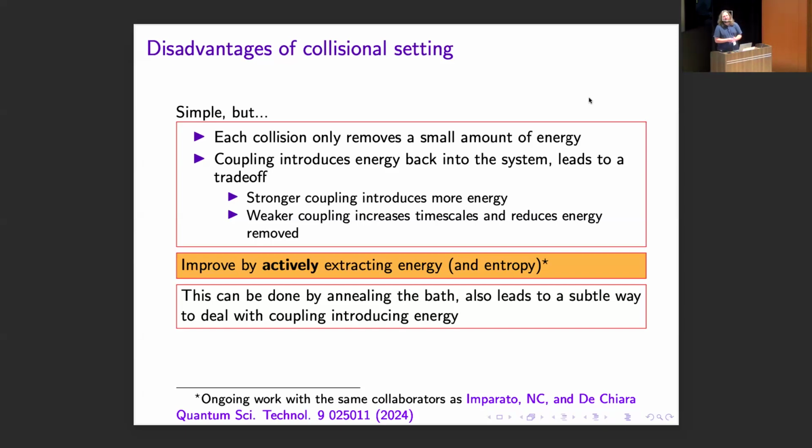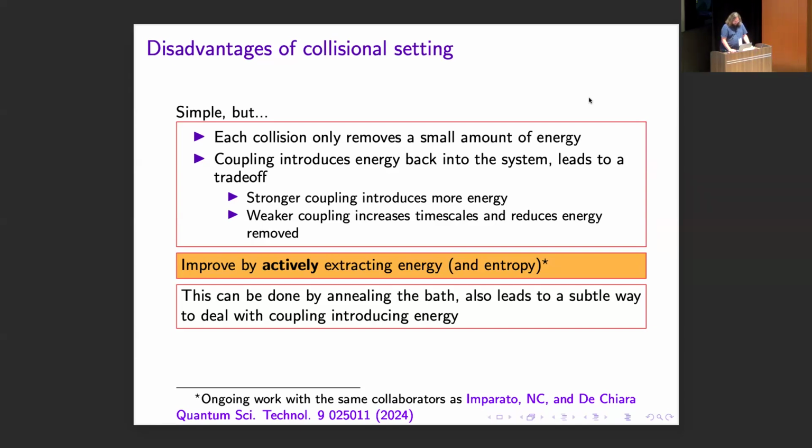So if you want to improve some of these ideas by building a protocol where you're using extra bits to actively extract energy and entropy from the system, you can think about something where you're not just coupling a bath with a fixed Hamiltonian, but where you're actually annealing a part of the system that's acting as an artificial bath.